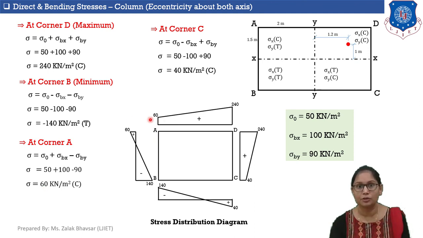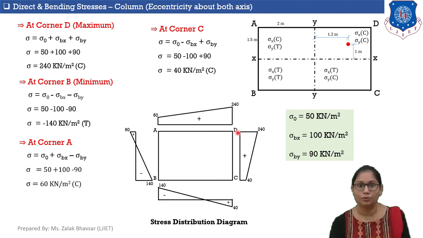Here I mentioned 60 kilonewton per meter square, the total stress developed at point A. At point D, stress developed is 240 kilonewton per meter square, which is again positive, so I also mentioned 240 kilonewton per meter square at point D. And this is the stress distribution diagram on face AD, due to the stresses developed at corner A and corner D.